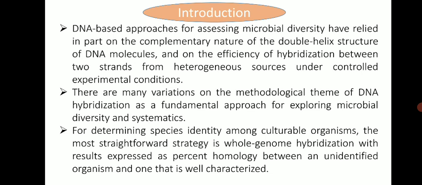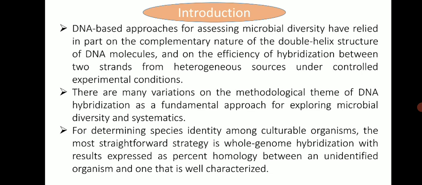All the techniques that we are going to see in coming slides are based on this hybridization principle. For determining species identity among culturable organisms, the most straightforward strategy is whole genome hybridization, with results expressed as percent homology between an unidentified organism and one that is well characterized.